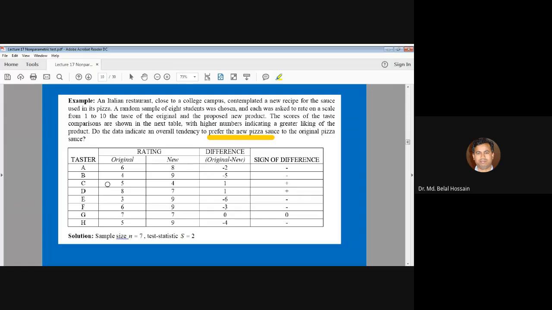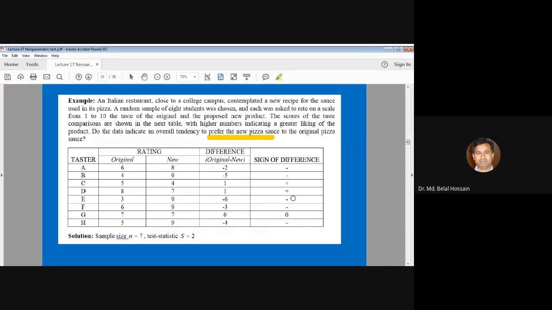So what we have to do is find the differences here. You see, these are the ratings out of 10. These are the ratings for the new sauce. So these are the differences. But we consider only the sign. Minus 2, we consider the sign negative only, plus, and 0, there is no difference here.